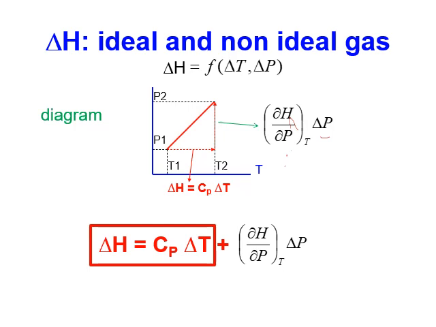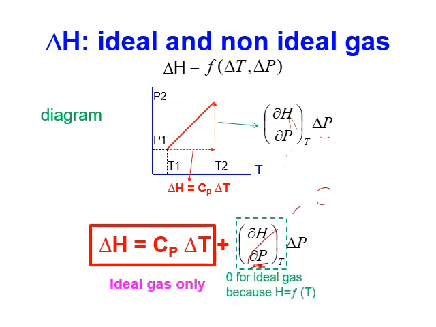Now we showed that if it's ideal gas, then enthalpy only depends on temperature. Pressure shouldn't affect enthalpy, so this will become 0. So for ideal gas, delta H is always Cp delta T. But if it's not ideal gas, then you have to add this term to show how enthalpy changes when pressure changes, the pressure dependence of enthalpy change.